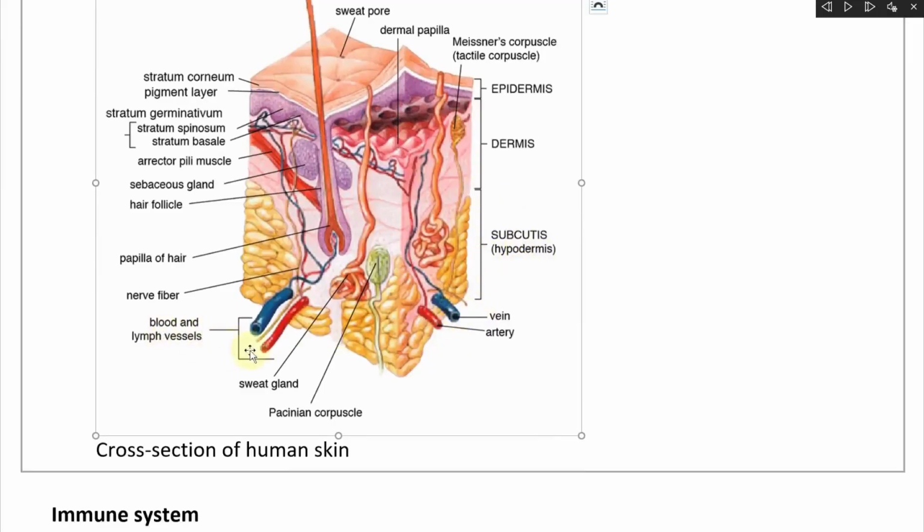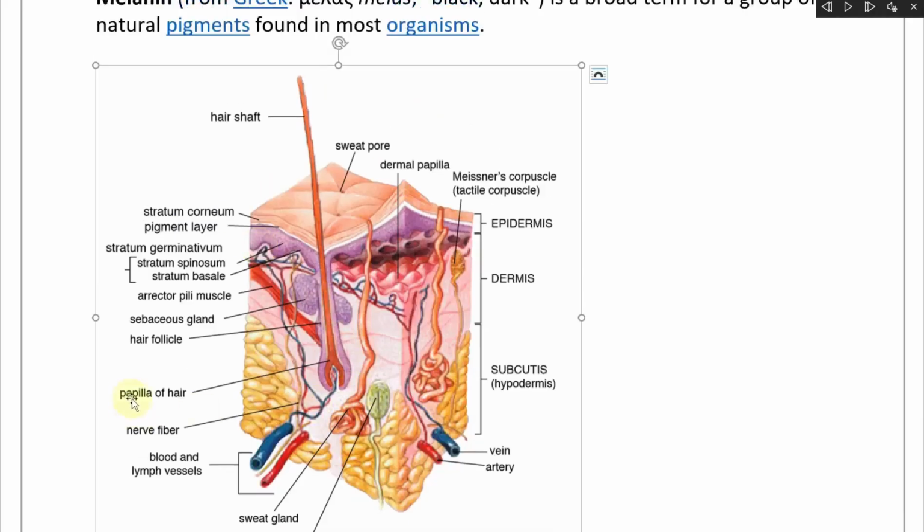There's blood vessels, blood and lymph vessels, or lymph in between. There's a sweat gland, Pacinian corpuscle. It's over here. I'm not going to go over all these. Just wanted to illustrate this. There's a hair follicle, papilla of hair follicle, sebaceous gland over there. This one right here is erector pili muscle.